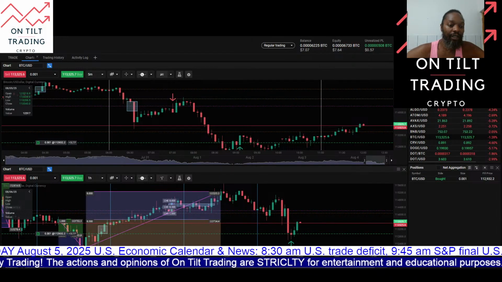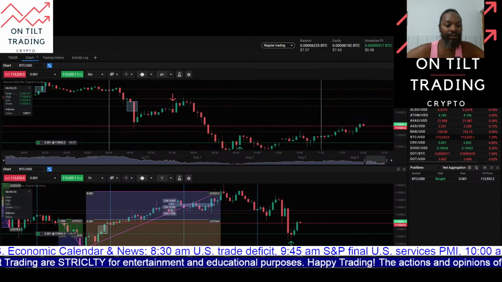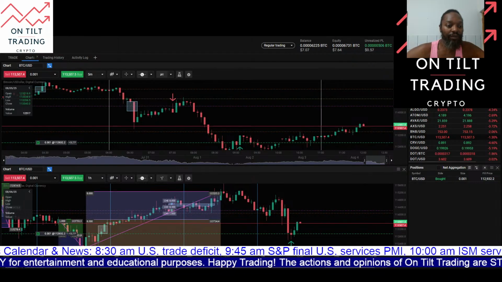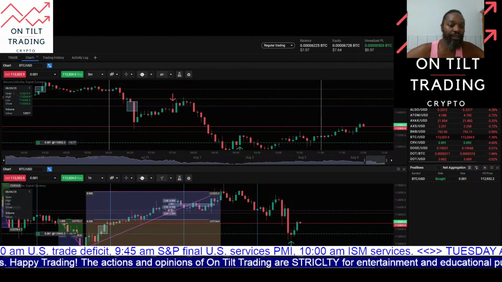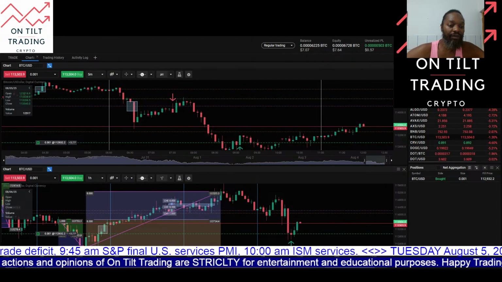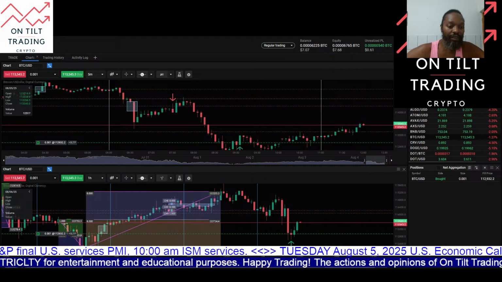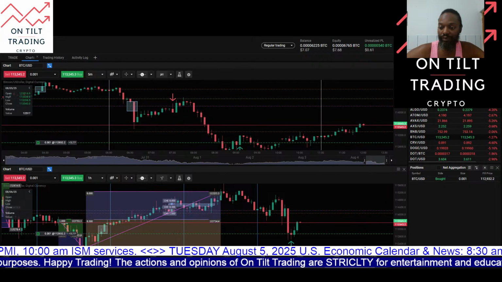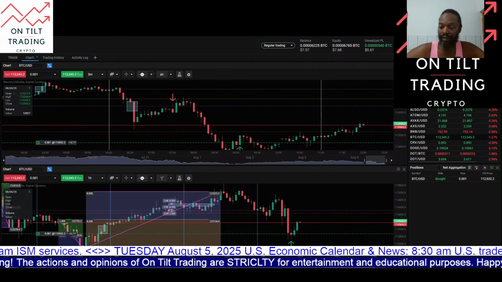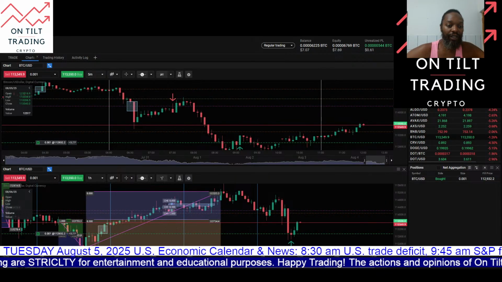We get a market structure shift here. Also get a fair value gap formed here, and then this here would be 8:30 New York time. So we're getting the time aspect of the trade correct.